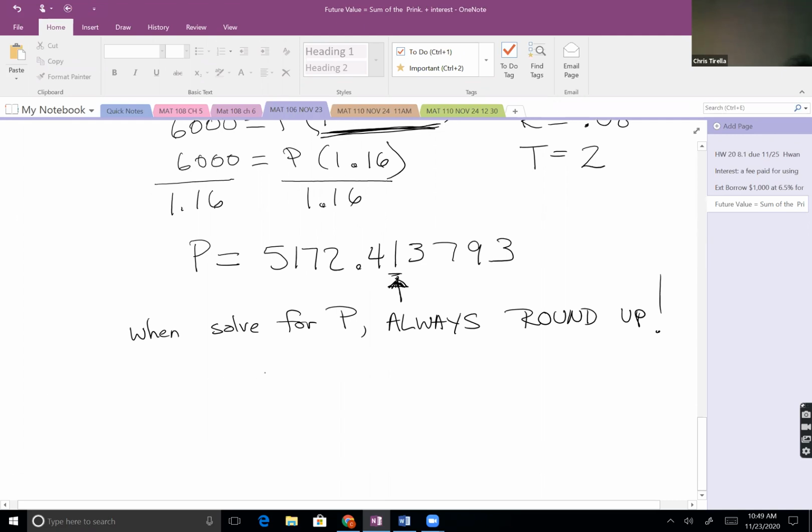And so we're going to say that we need $5,172.42, because if we round it down, we wouldn't have the full $6,000. We'd be close, but we wouldn't have it. So when we're solving for the principal, we will always round up.